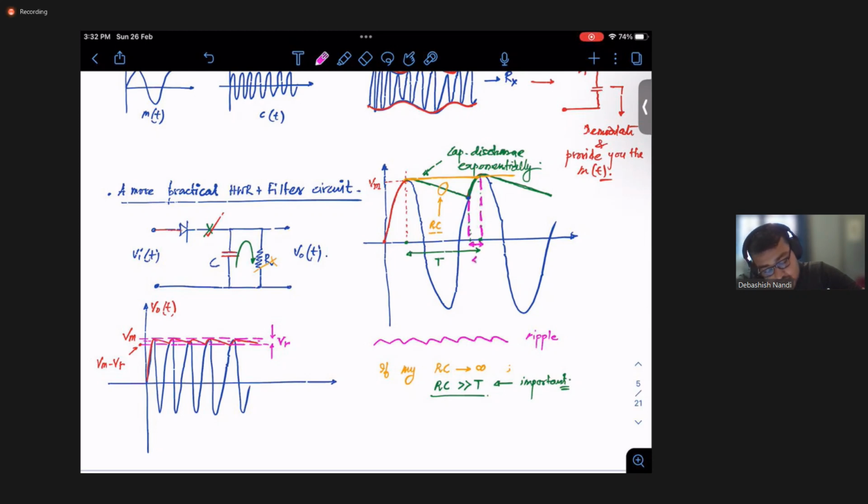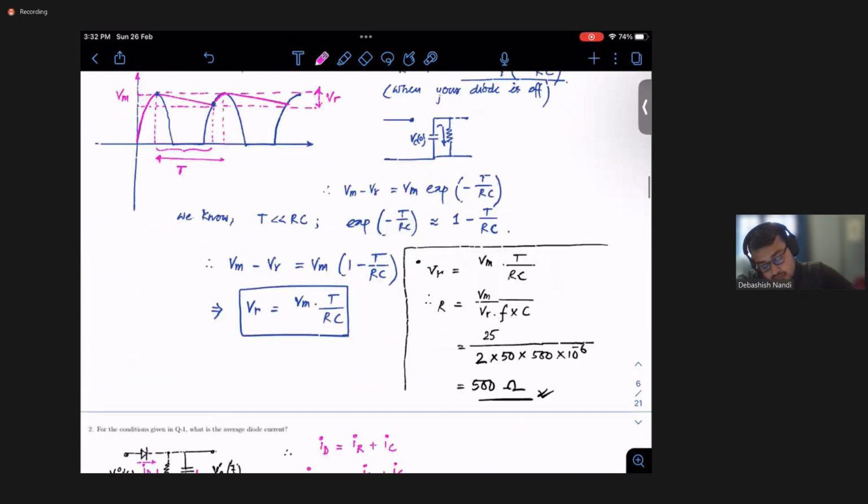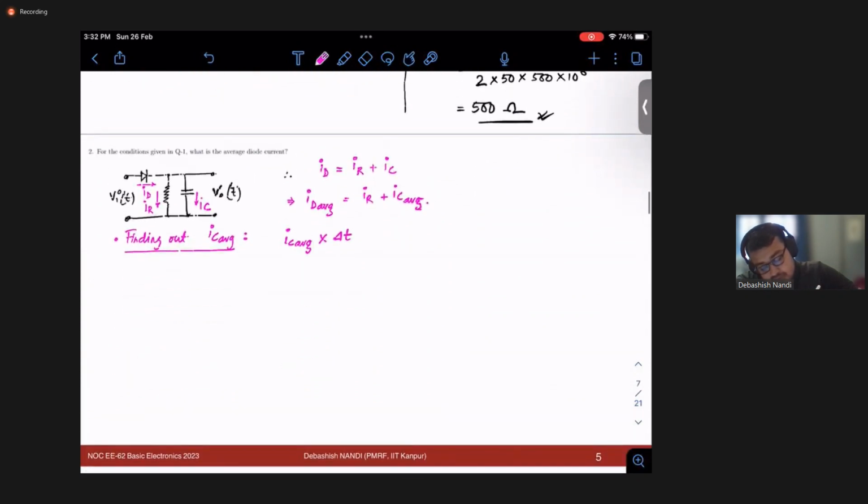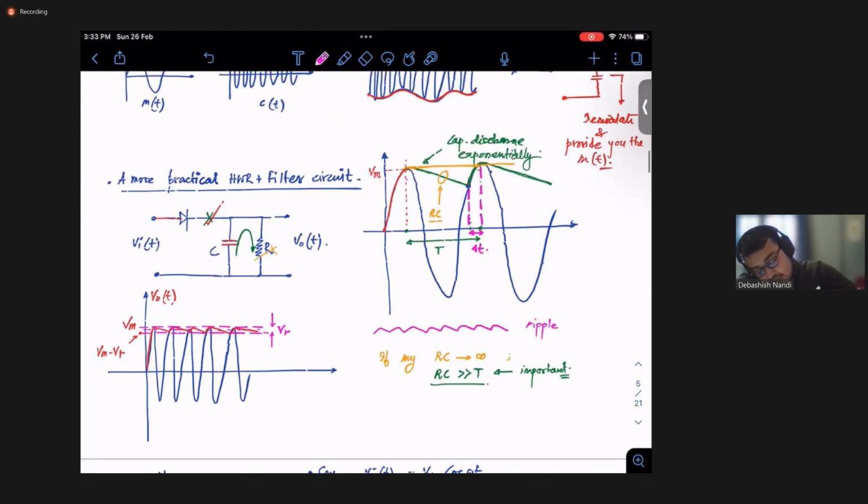This into delta T will be equal to C into VR. This is your net charge stored by the capacitance during that delta T time. And during that delta T time, what is the voltage difference here? This is nothing but your VR, right?